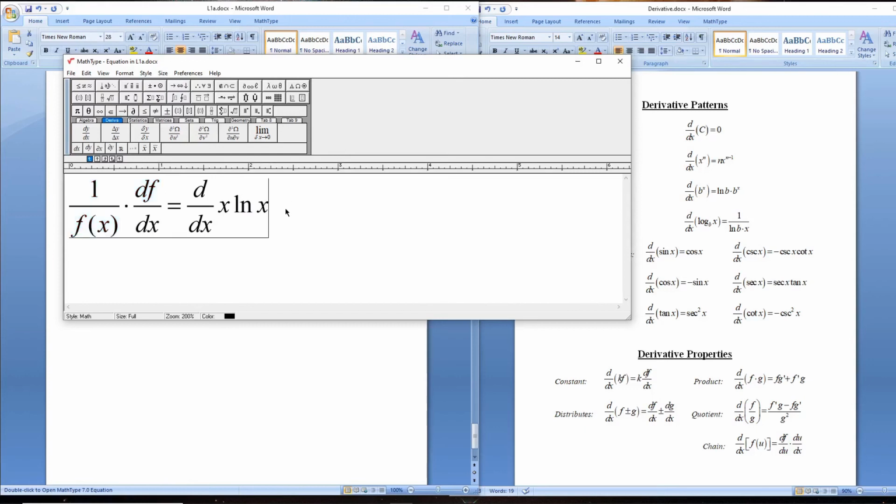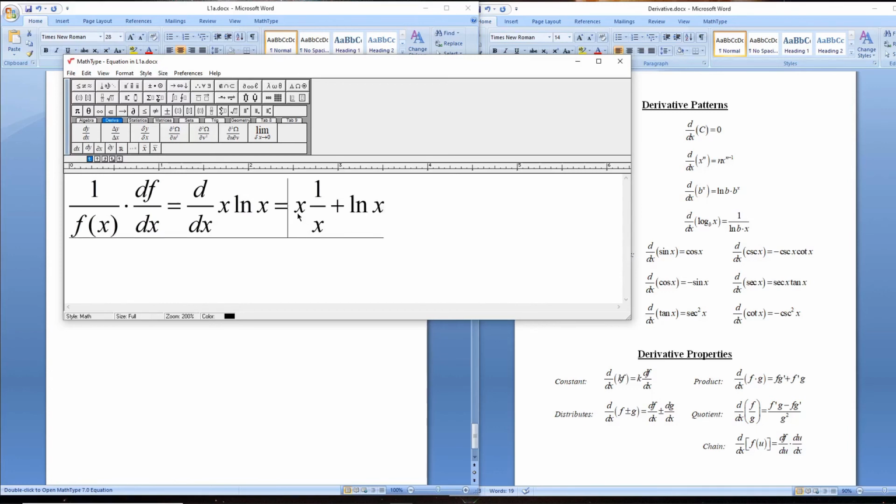Now what about the right side? Well, we have a product rule here. We have a power function times our log function here. And so looking at the product rule, we would have f times g prime plus f prime times g.